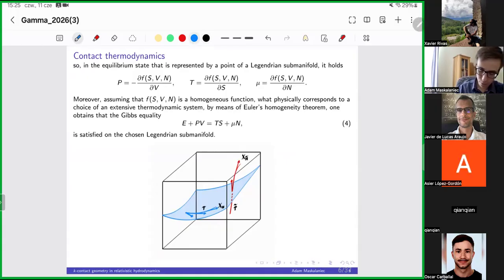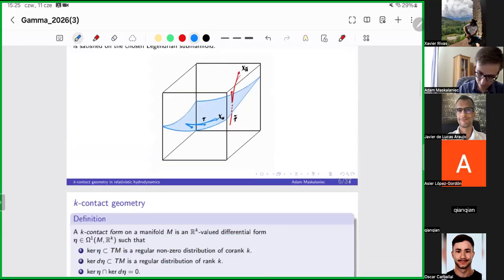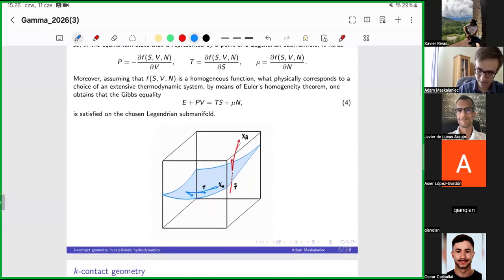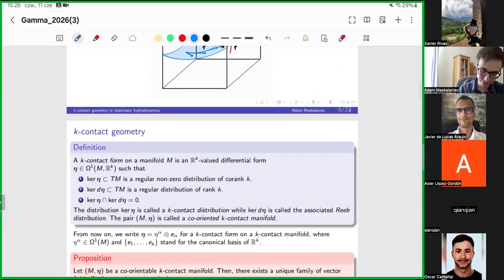And our equilibrium thermodynamic process is just a smooth curve that is contained in such a submanifold. Then we can describe these curves as integral curves of Hamiltonian equations of our contact forms. So this is the contact approach to thermodynamics, summarized really briefly.